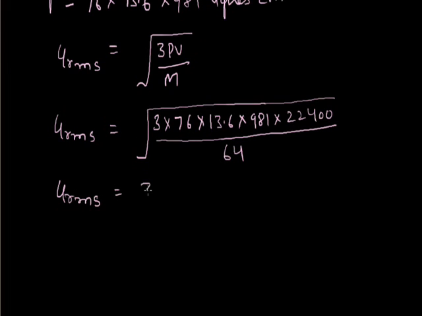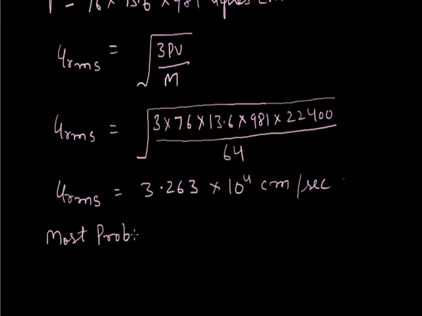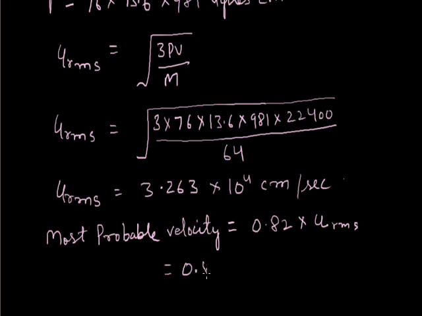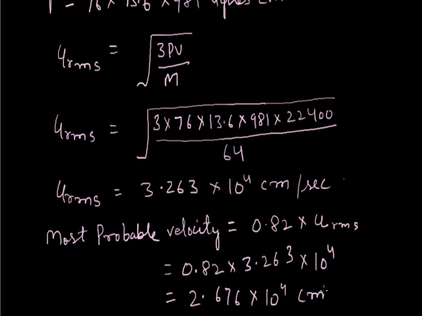Root mean square velocity comes 3.263 into 10 raised to power 4 centimeter per second. And most probable velocity equals 0.82 into u RMS, that is 0.82 multiplied by 3.263 into 10 raised to power 4, that is 2.676 into 10 raised to power 4 centimeter per second.